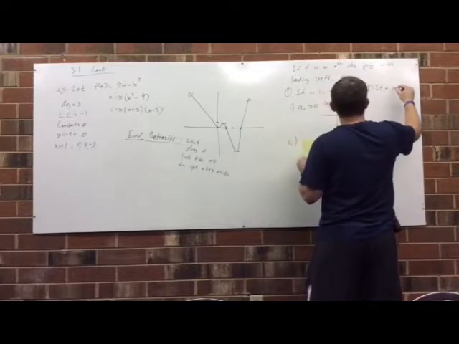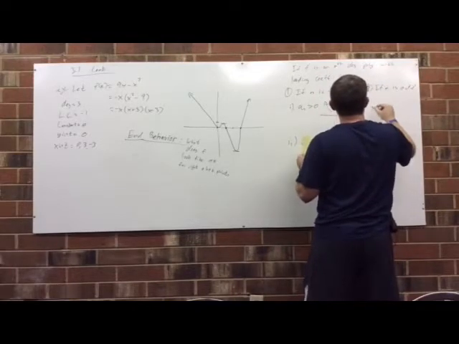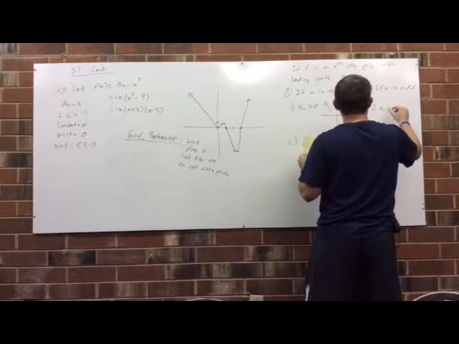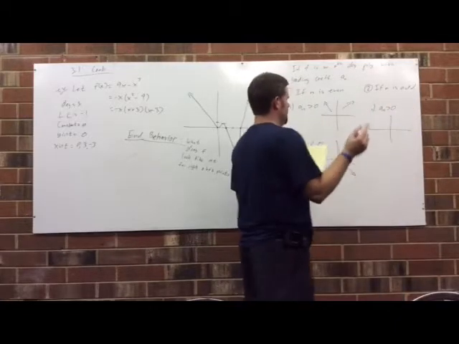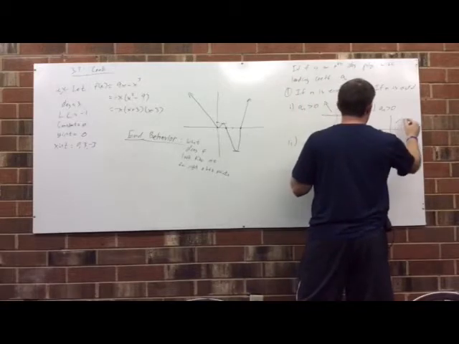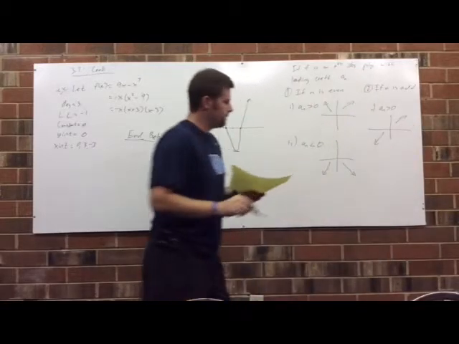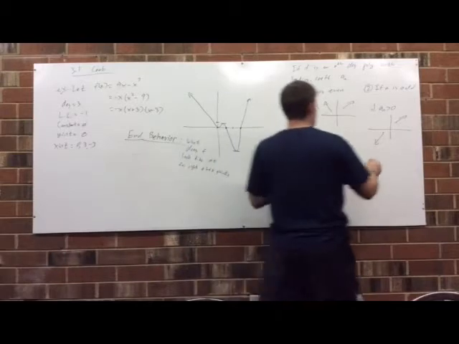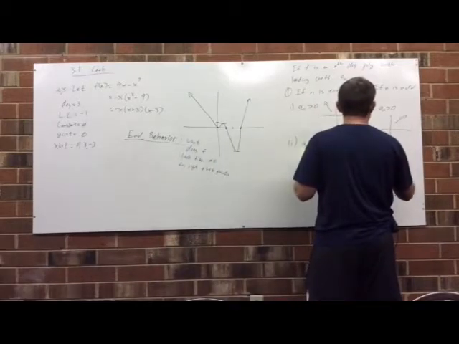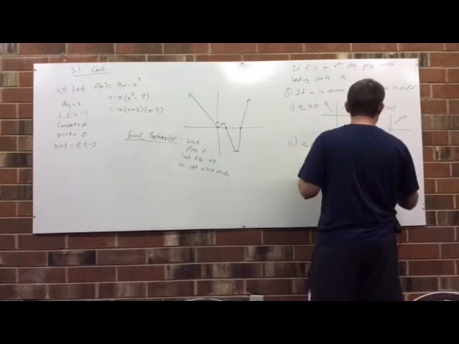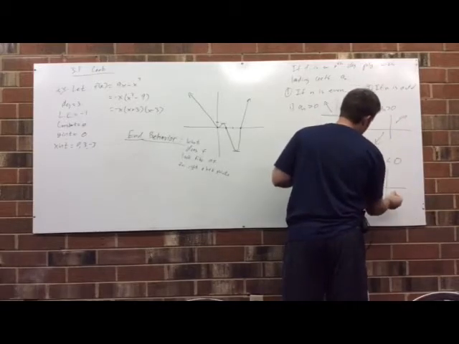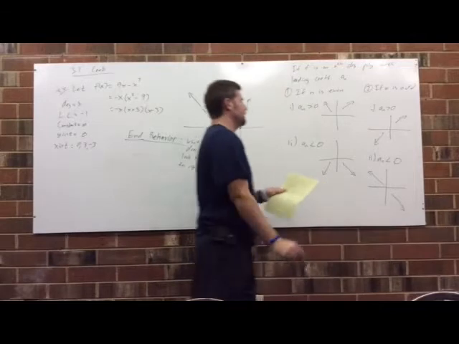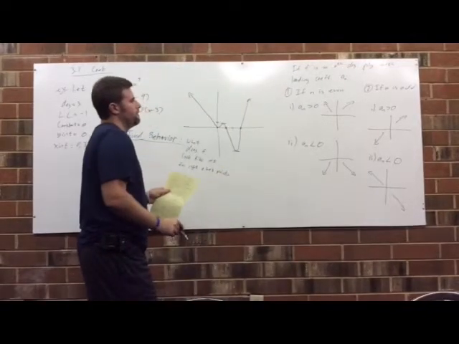So if n is odd and a sub n is greater than 0, then the end behavior of the graph will be in your first and third quadrants. And if n is odd and a sub n is less than 0, then your end behavior is going to be in your second and fourth quadrants.